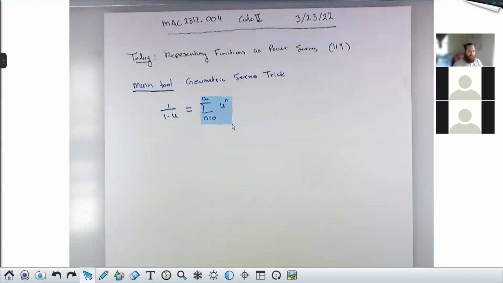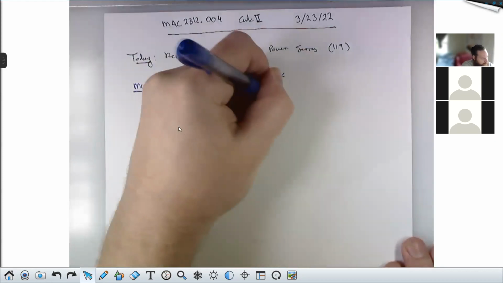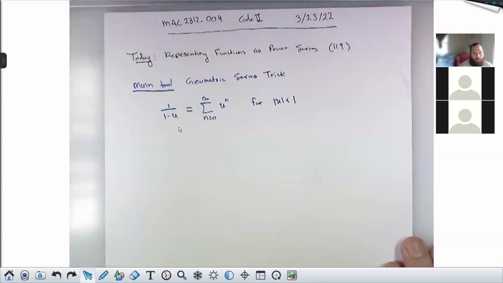That's a geometric series. And as long as it converges, as long as the absolute value of u is less than 1, then this will have a sum, which is the starting term. Since we're starting at n equals 0, the first term of the series is 1. Starting term divided by 1 minus the common ratio. And this is valid for any u which has an absolute value less than 1.